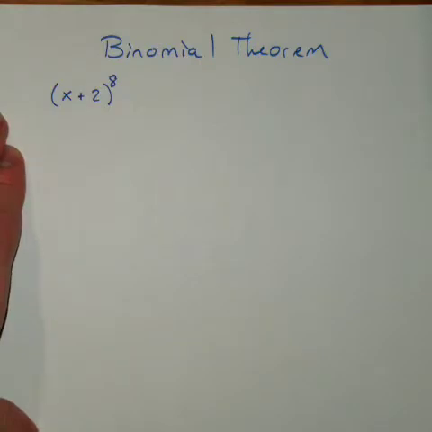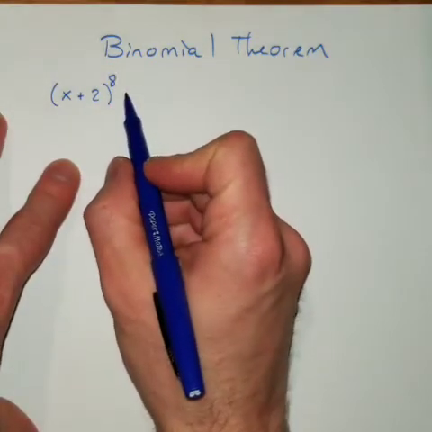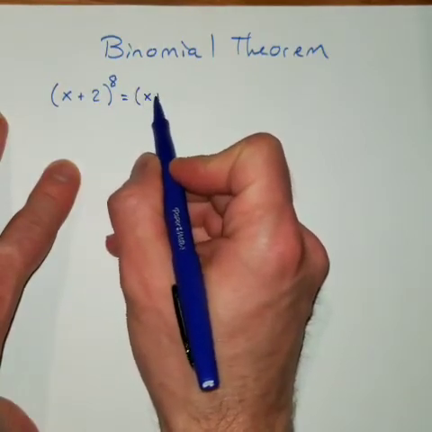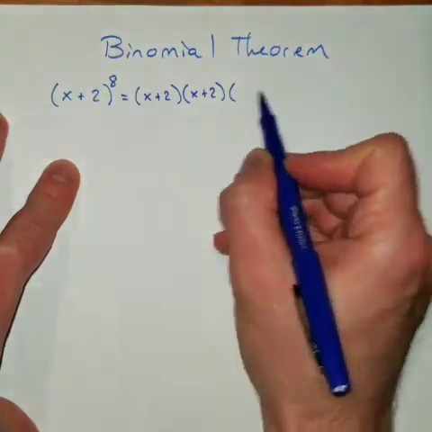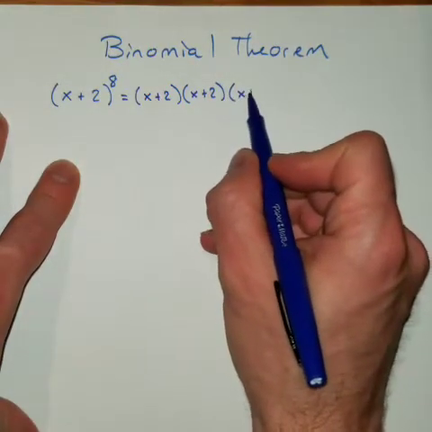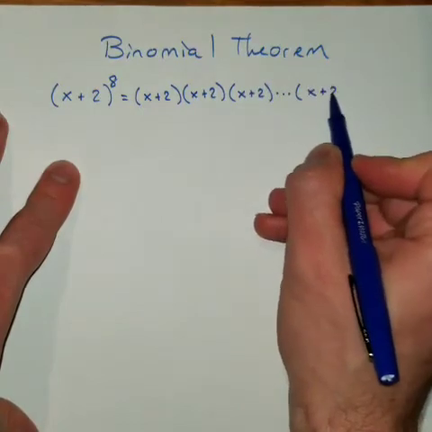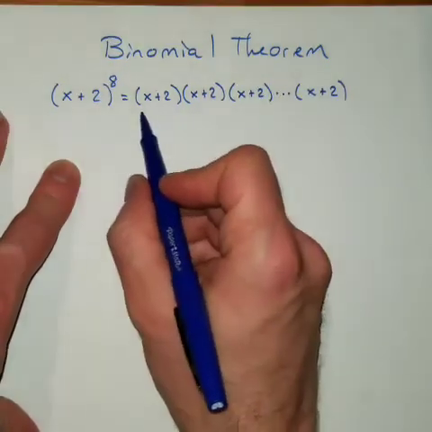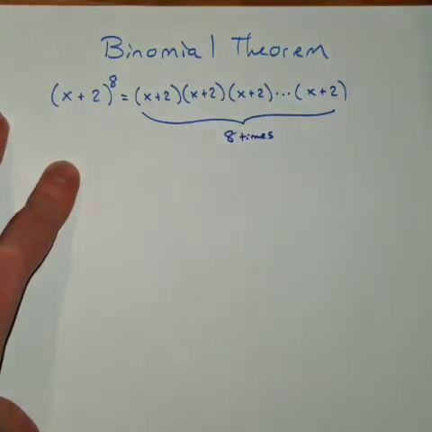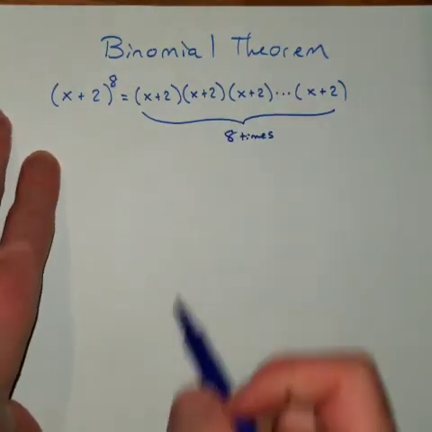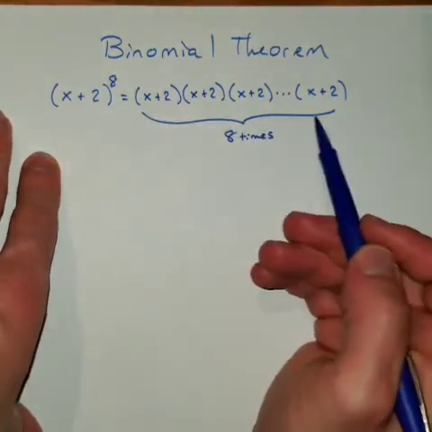Now obviously that power could be written as x plus 2 times x plus 2 times... Now I'm not going to write this all out 8 times, but you get what I'm saying. You have to write 8 of these out, right? And then you have to use the distributive property over and over again.